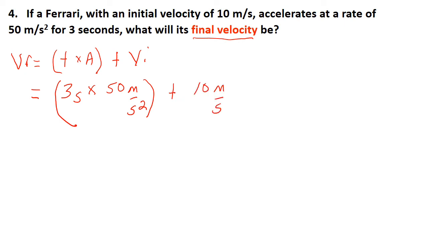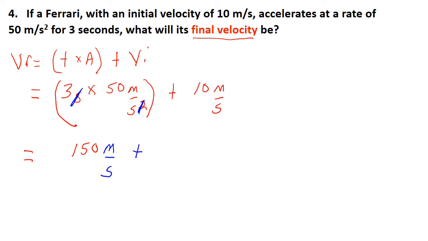When I do my math now, 3 times 50 is 150, but now my units are going to be the following. This second is going to divide with one of the squared seconds, so that will come out to be meters per second.